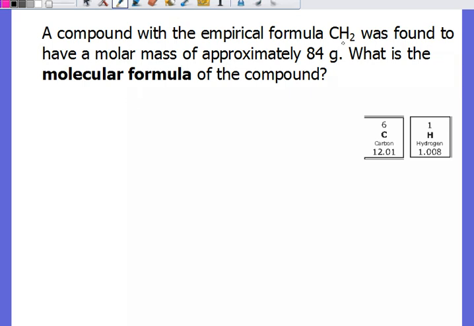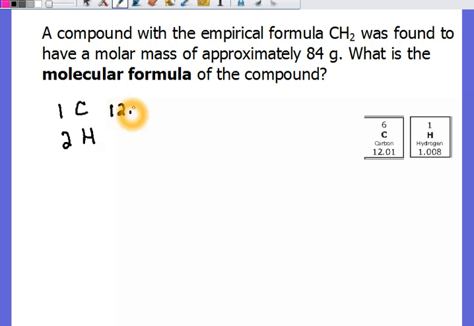So to start out with this one, you have the empirical formula of CH2, which means the empirical formula has one carbon and two hydrogens. You can calculate the molar mass of your empirical formula by taking the elements in there and going to a periodic table and getting an average atomic mass for each one.